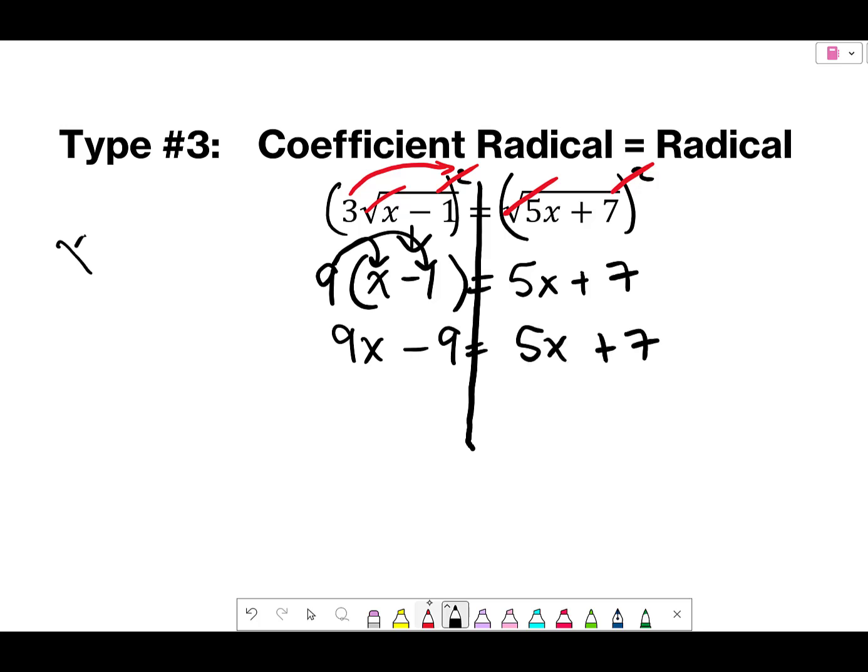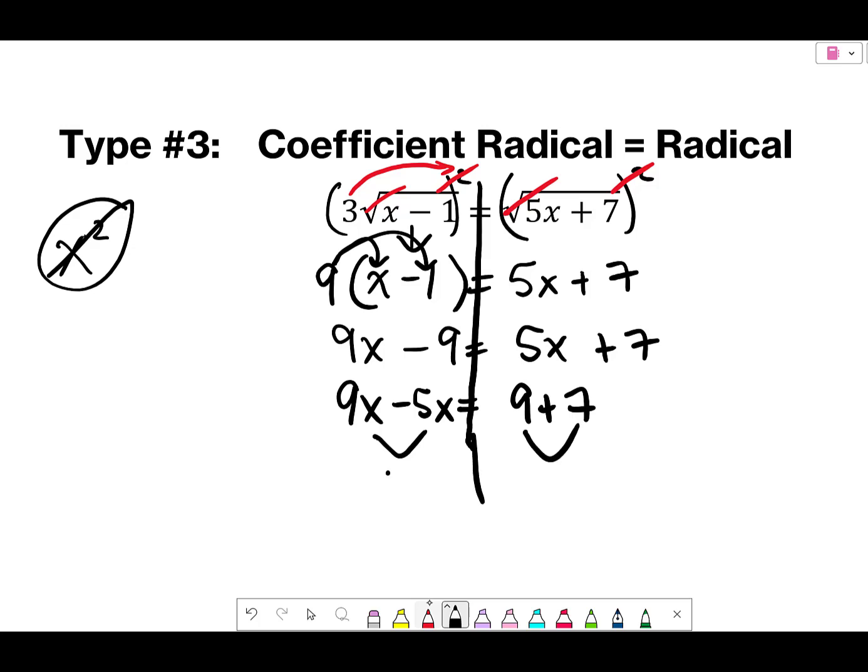So for this type, there is no x squared, which means we're not going to factor. We're just going to solve for x. This is an Algebra 1 problem. So I'm going to reorganize my groups, then simplify, and then this is multiplication, opposite division.